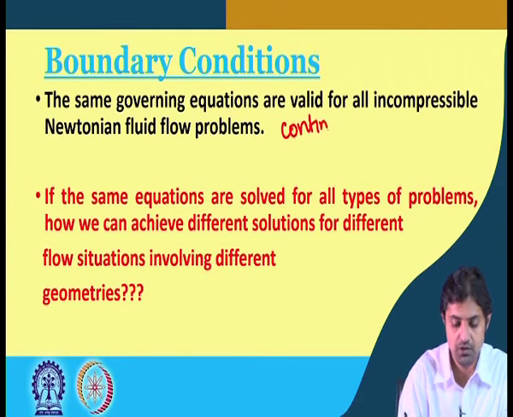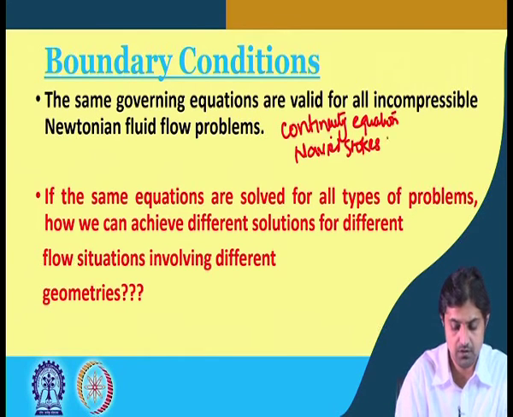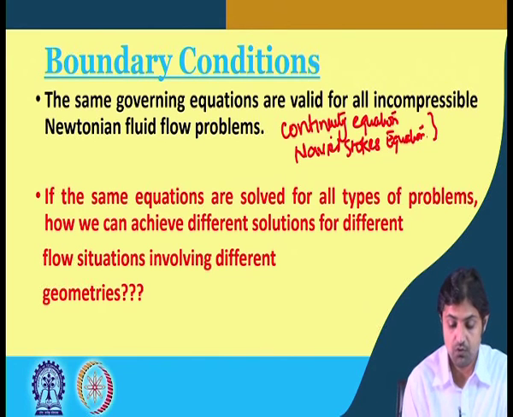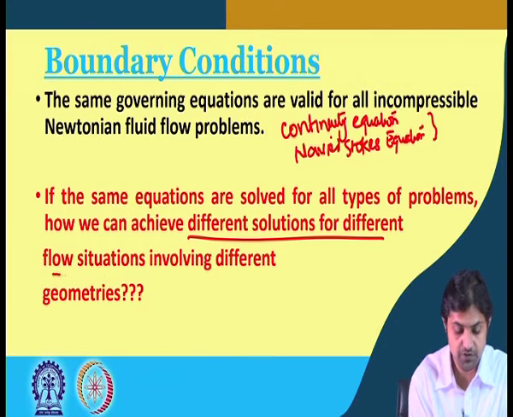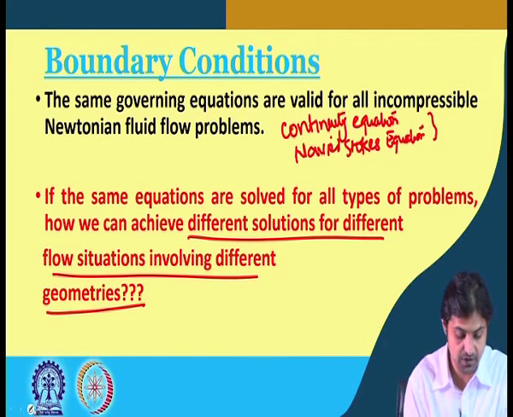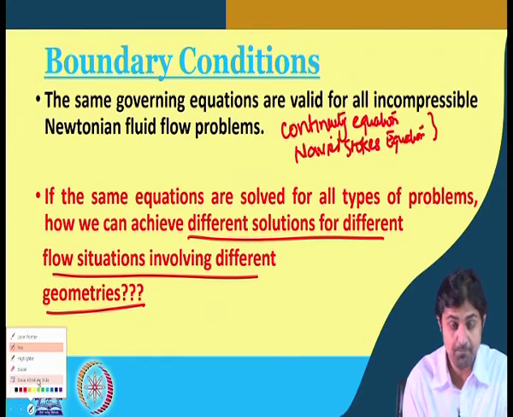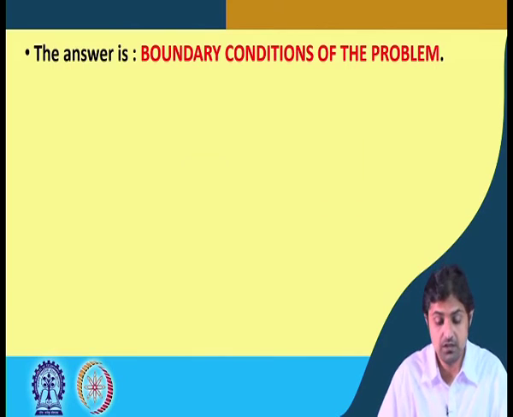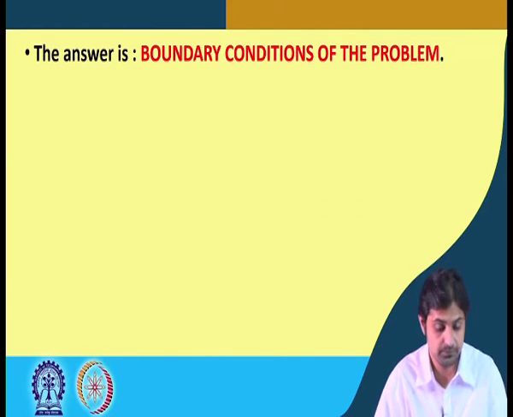We are talking about the continuity equation and the Navier-Stokes equation. This is common for all the fluid flow problems, right? Then how do we achieve different solutions for different flow situations involving different geometries? This happens because of something called boundary conditions. So the answer is boundary conditions of the problem.